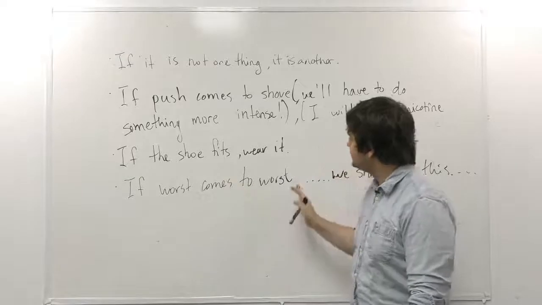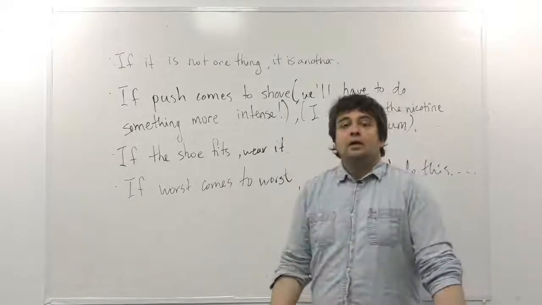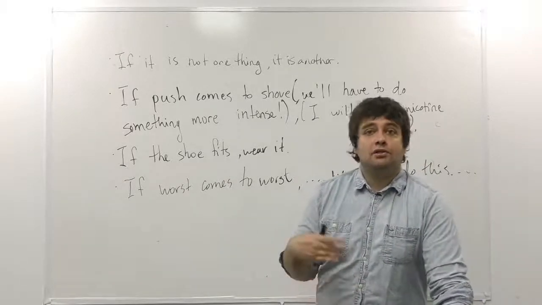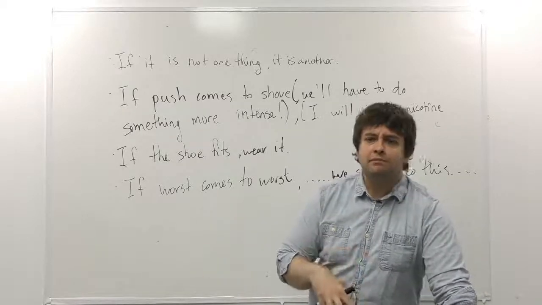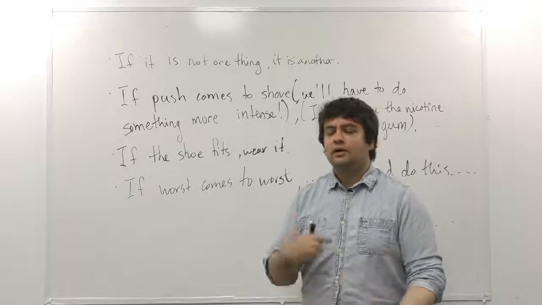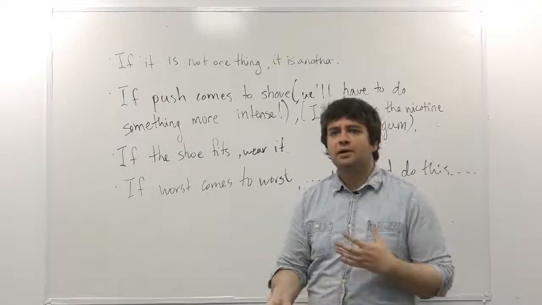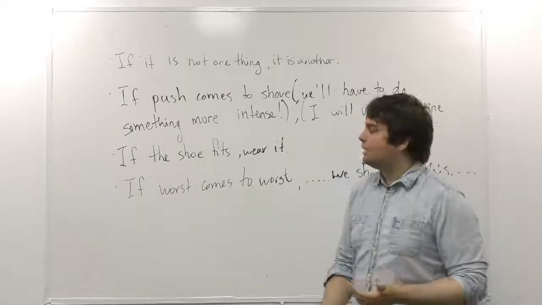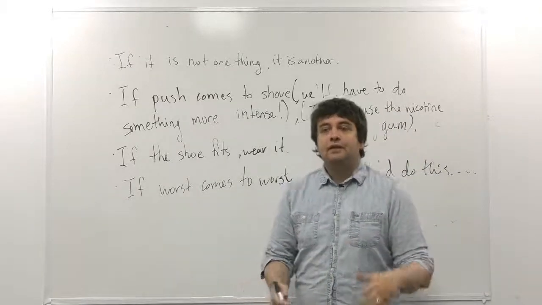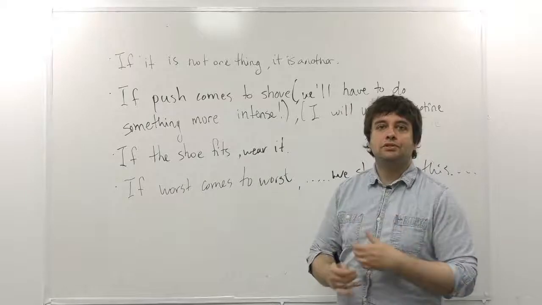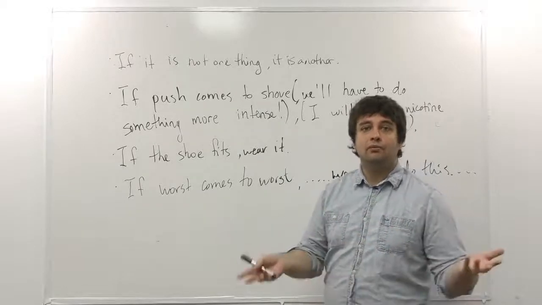If worst comes to worst, blah, blah, blah, right? Or maybe a lot of couples right now, because of the coronavirus and all this kind of bad stuff, maybe a lot of people are going through unemployment. They don't have a job right now. So I know my one friend said, oh, he lost his job and he's waiting for his workplace to reopen. And maybe it will, right? But maybe it won't. I don't know.